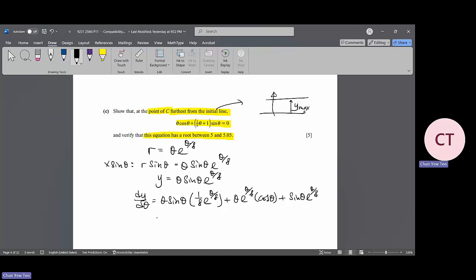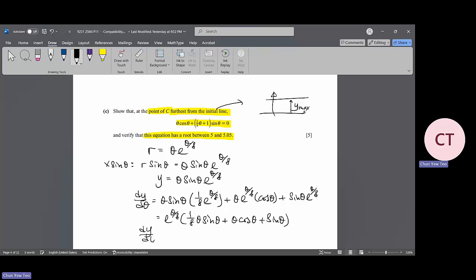This is what we have. So we can factorize the e power theta over 8 out. Then we get 1 over 8 theta sine theta plus theta cos theta plus sine theta. That is your dy d theta.